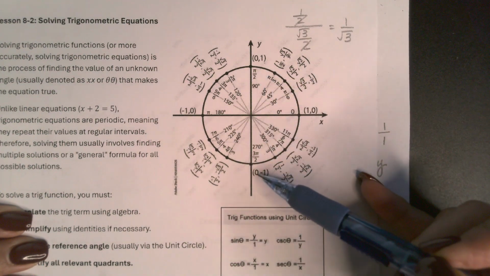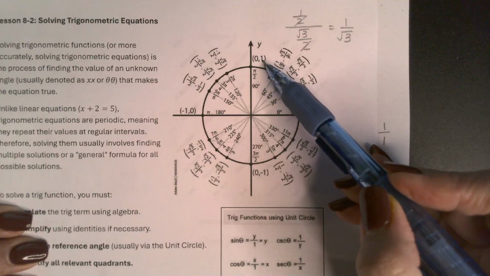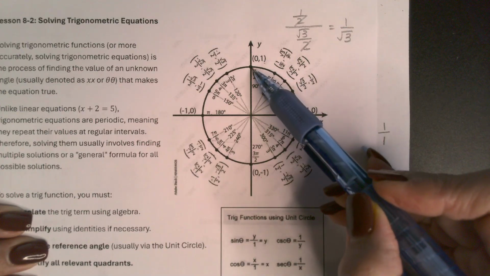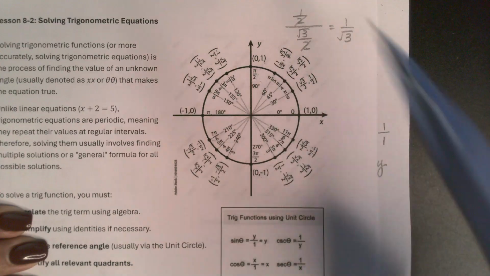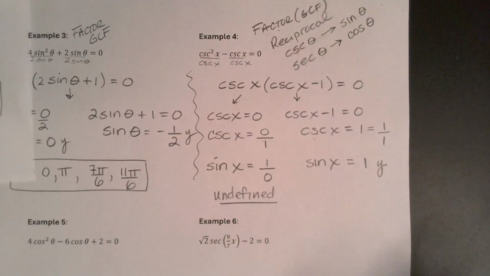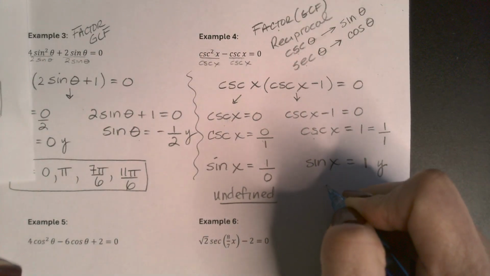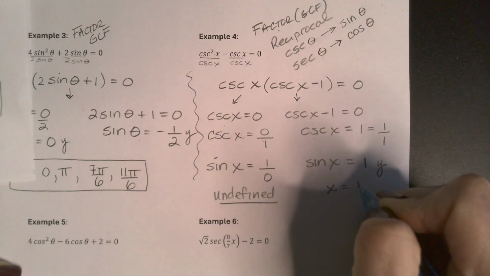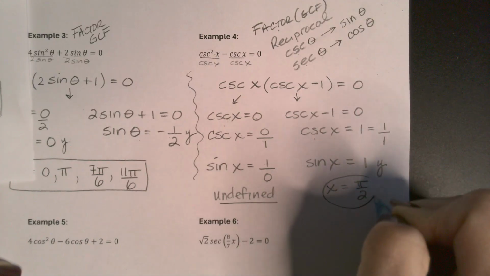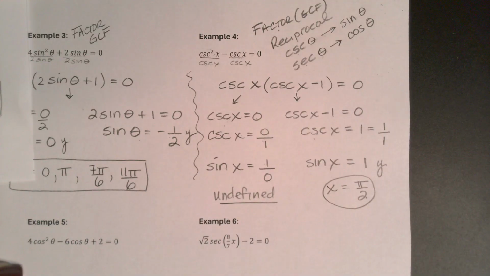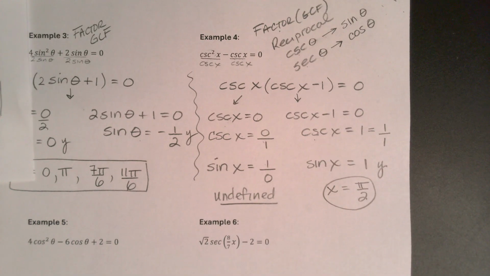Don't get pulled in with this one because this one's negative 1. We wanted just a positive 1. Pi over 2 or 90 degrees is the answer. We're working in radians. So we are going to say that the angle x will only have a y value of 1 at pi over 2. So that's my answer. It only has one answer for example number 4.